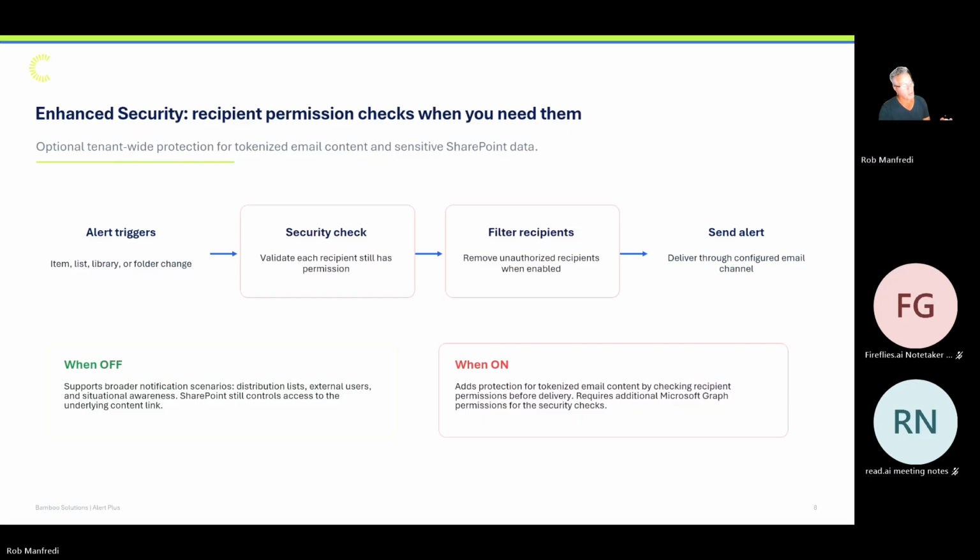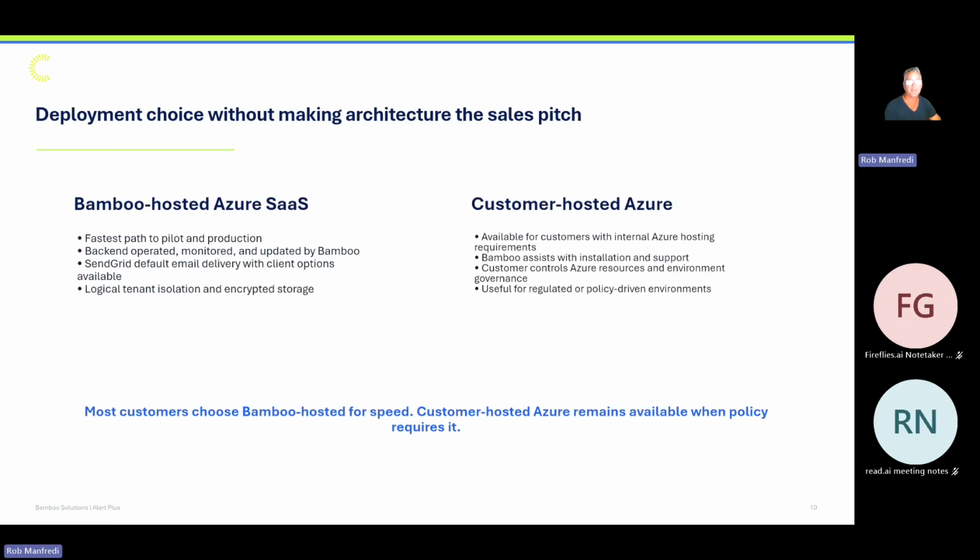And while it's always secure that you can't get to the content, because SharePoint takes care of that, you may put some token information into an alert that you don't want to share with people who no longer have permission to the underlying list. So that's the security issue that you need to evaluate when you want to turn this on or off. Really good there for enterprise security.